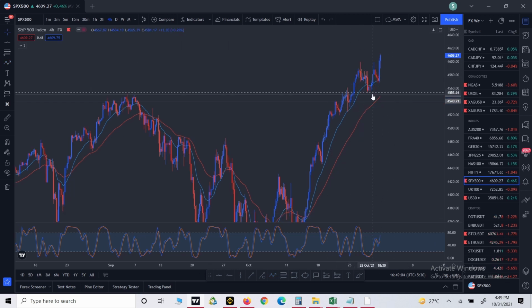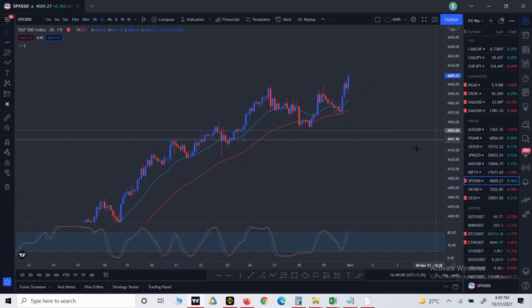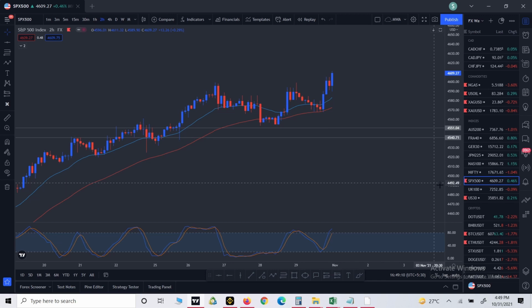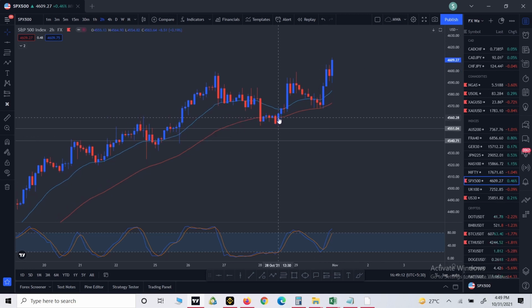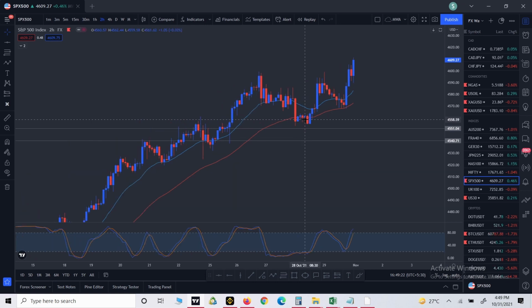The price retests this zone, and as we can see on the low time frames, this is a kind of good engulfing candle. If this 2-hour engulfing candle could have been here, then definitely I would have taken this trade. But this candle happened above this zone, so I didn't take this trade. As I mentioned, if this candle happened in this zone, I would have definitely taken this long trade.